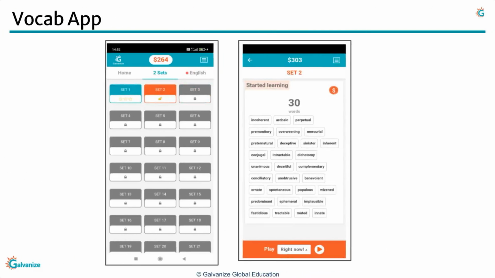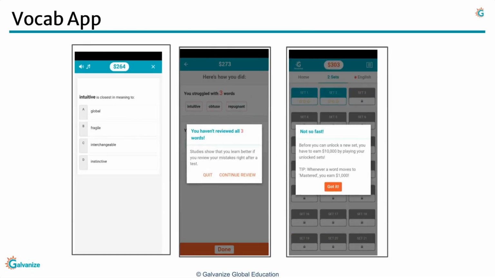Now, this is how our vocabulary app looks once you log in and install it and get into the app. You will first be introduced to some 60 word sets. Once you open one set, you will have 30 words in a set. Then you start answering the questions related to each word. Suppose you get some words wrong, you can always go back and review those words.